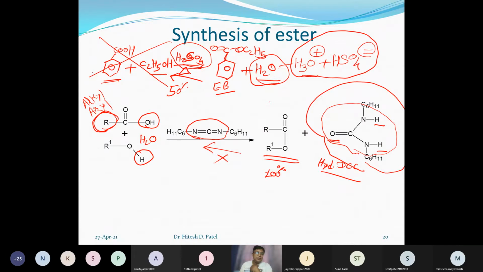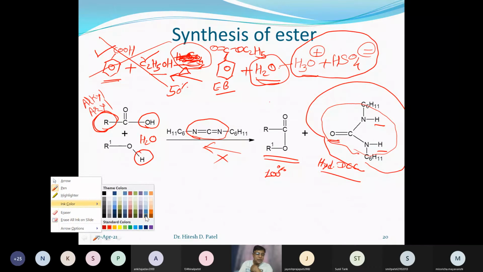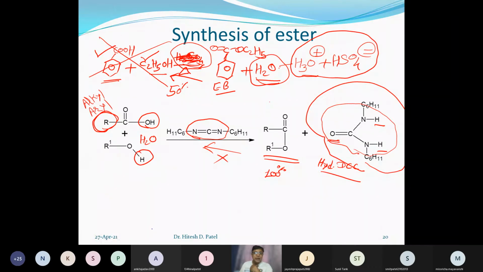One example I have already explained: if you have benzoic acid, then by treatment with ethanol, instead of sulfuric acid, if we take DCC, we will get ethyl benzoate. This product we will get.